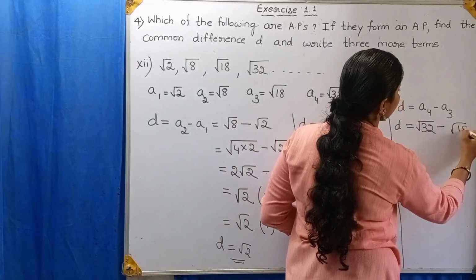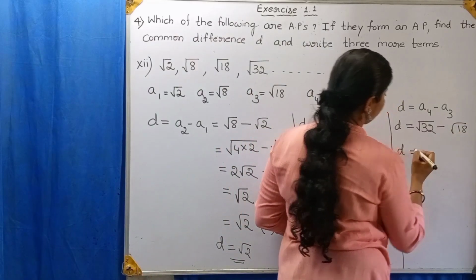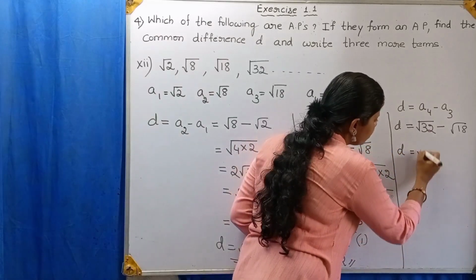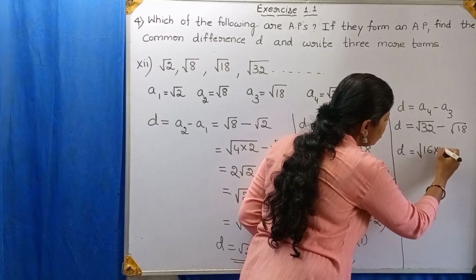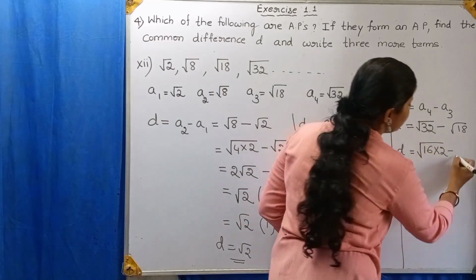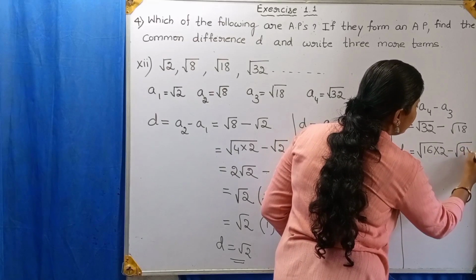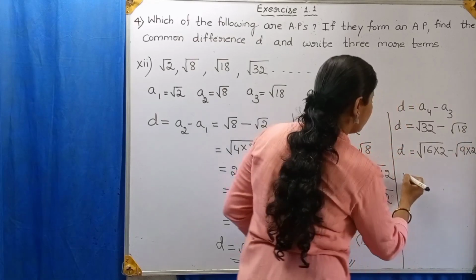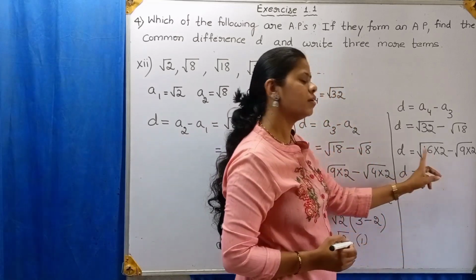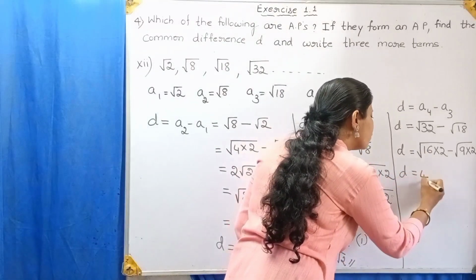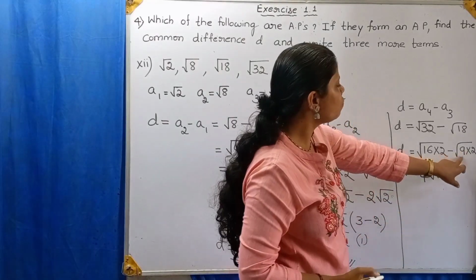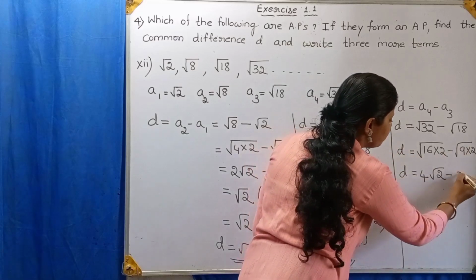Root 32 is 16 2s are 32, and root 18 is 9 2s are 18. d is equal to square root of 16 is what? 4. Therefore, it will become 4 into root 2 minus square root of 9 is what? 3.